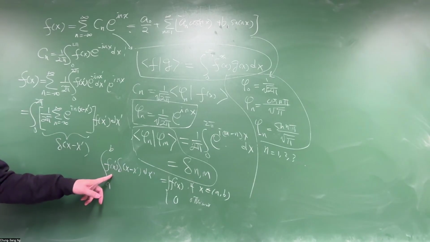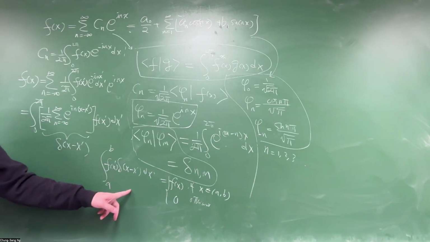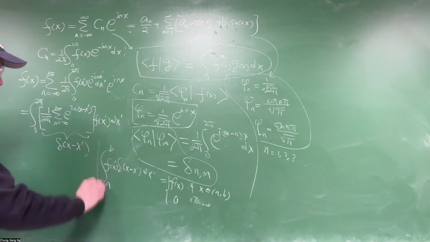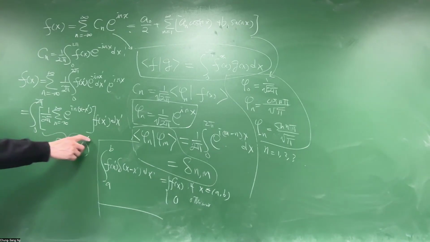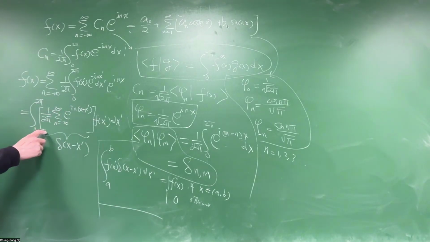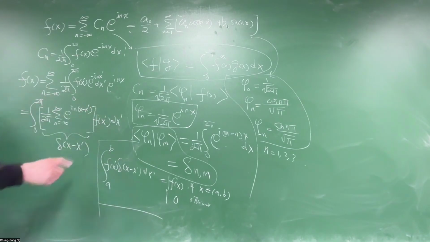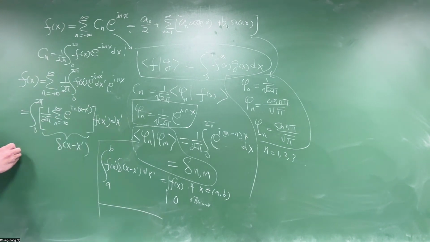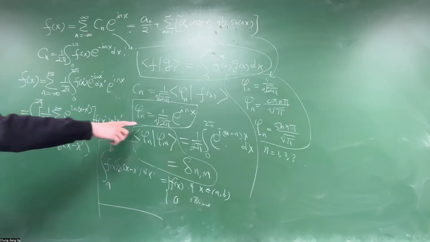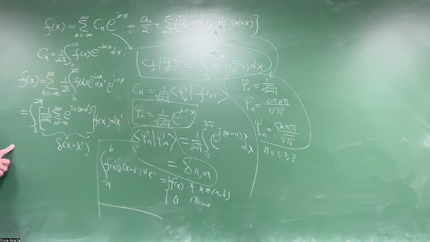If f(x) is smooth enough, that's how you can define the delta function. We'll probably have another chance to talk more about the delta function, but that is how you express this kind of situation. So now the consequence of completeness is this relation, which you write down more explicitly using our basis.